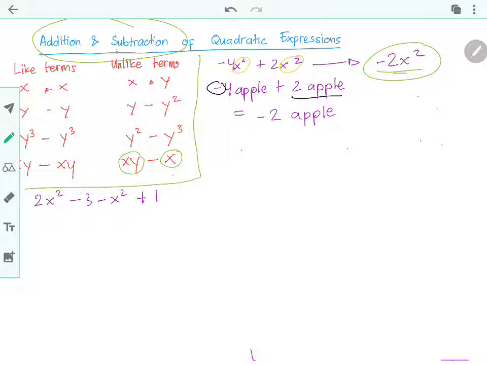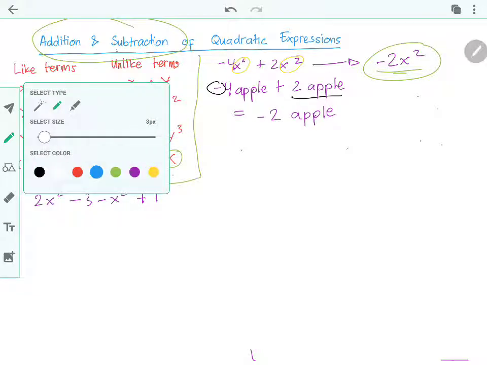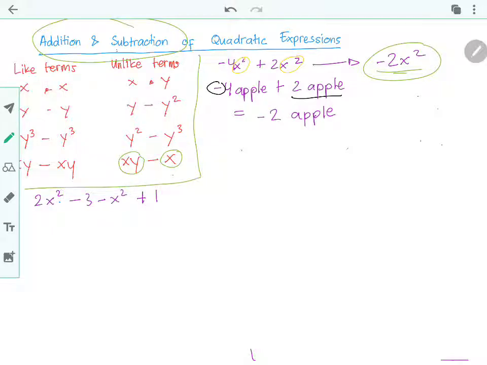Now look at this. What are the like terms in this expression? As we can see here, we have x square, and what is the like term of x square? It's also this negative one. So it's 2x square minus x square. Both of them are like terms.